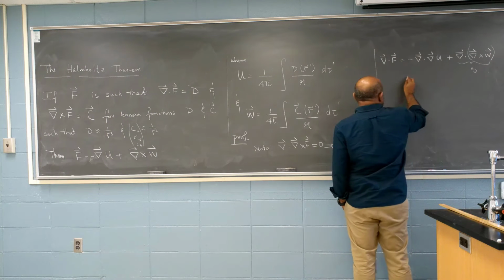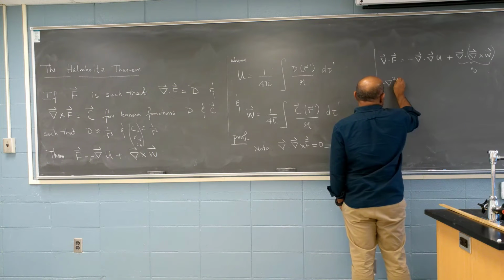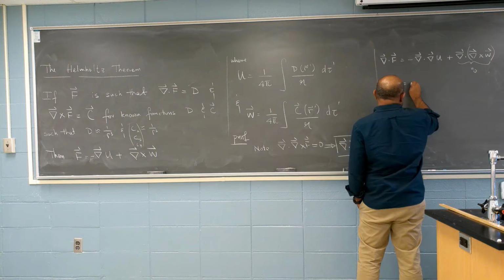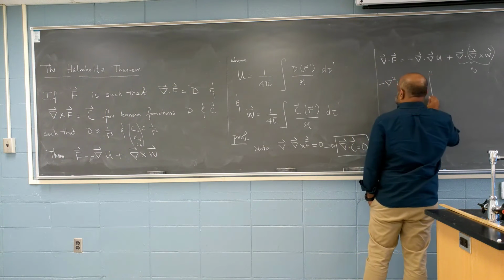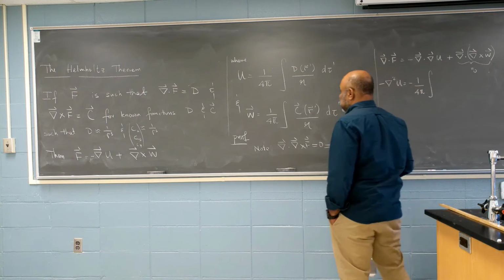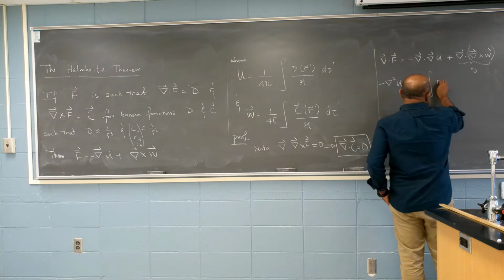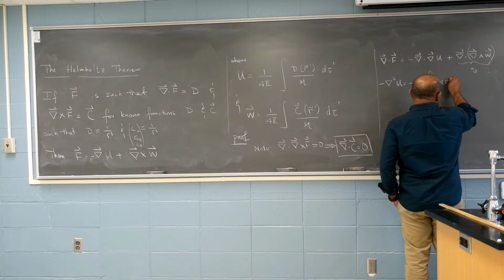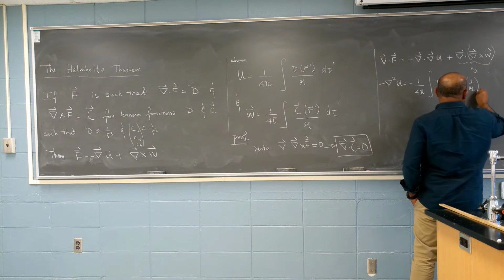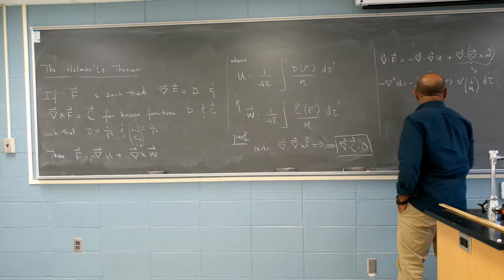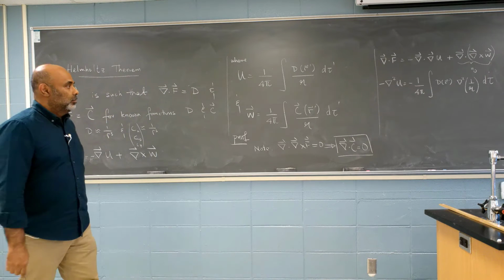And so, negative divergence of the gradient, or del squared, the Laplacian, of U is, well, 1 over 4 pi, the Laplacian acting on x, y, and z. This D is a function of r prime. So it is really the Laplacian acting on this guy, d tau. Now you know why the 4 pi was included.